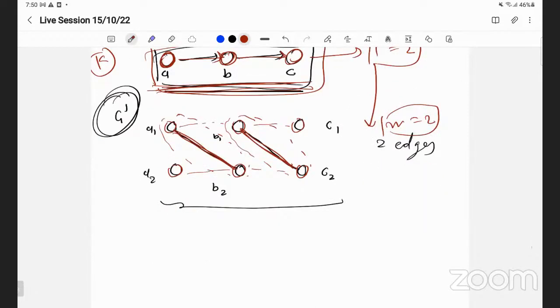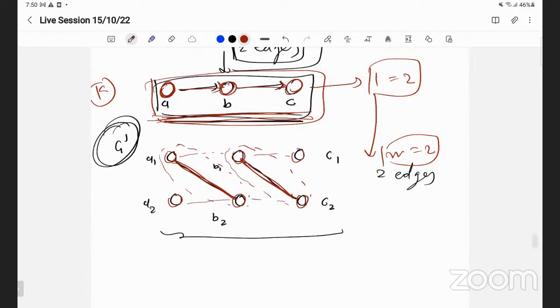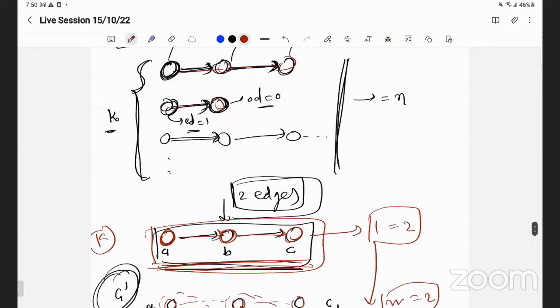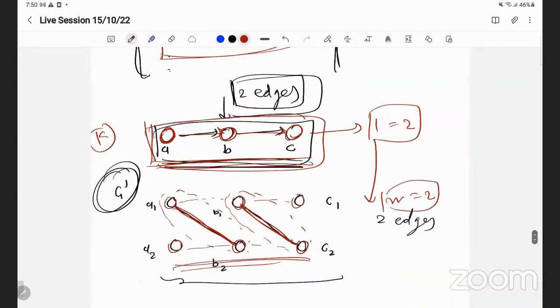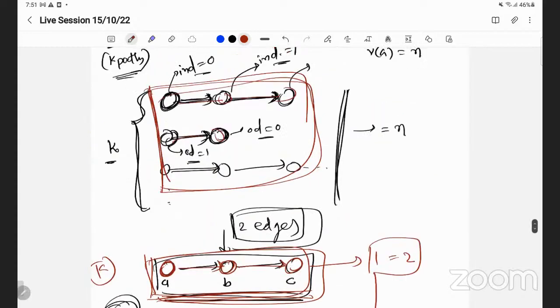So through this approach, the size of the matching will be the same as the number of edges in this whole disjoint path cover, because we get a matching of size exactly the length of each path. So the overall size of the matching will be the sum of the lengths of all the paths, which is the number of edges in this path cover. And what will the number of edges be? Can anyone tell? What will the overall number of edges in a K path cover be?